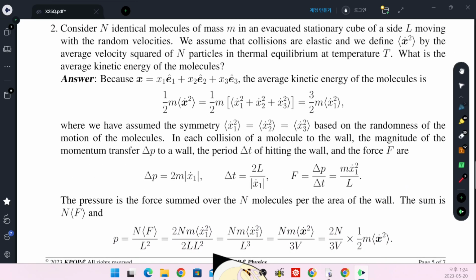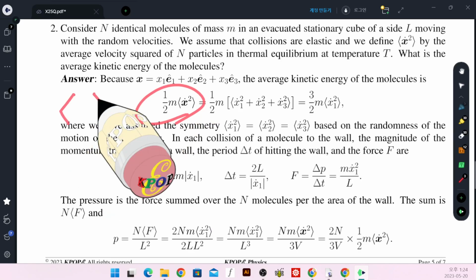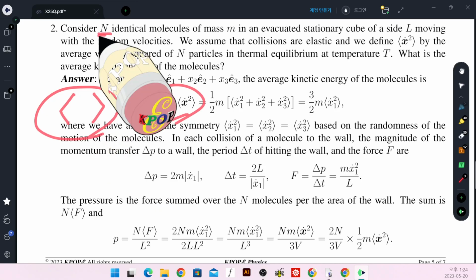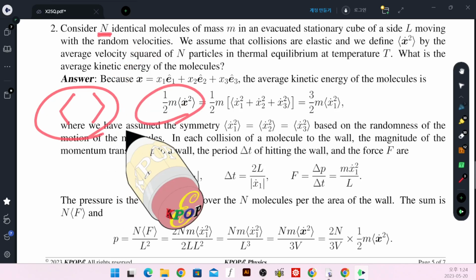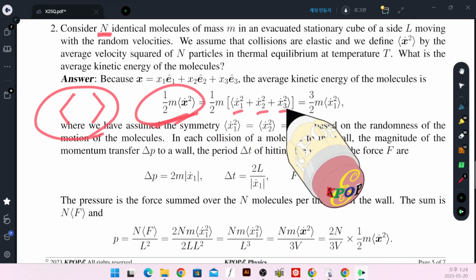We consider the ideal gas equation in relation to the kinetic energy of molecules. Kinetic energy of a single molecule: this symbol represents the average over N identical molecules. The kinetic energy of a molecule can be computed in three parts, introducing Cartesian coordinates.